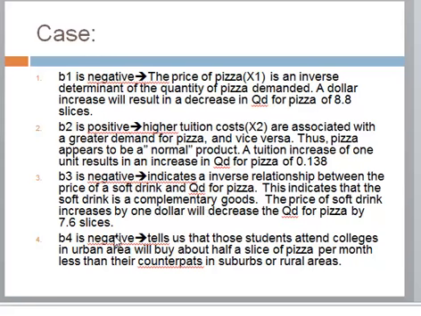B4 is minus 0.544. It's negative. It tells us that students who attend college in an urban area will buy about half a slice of pizza per month less than their counterparts in suburban or rural areas.